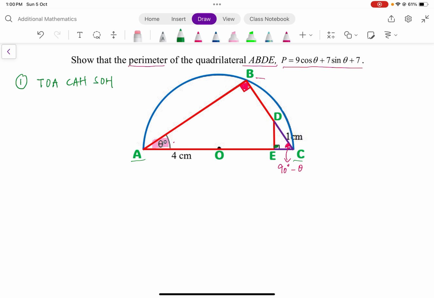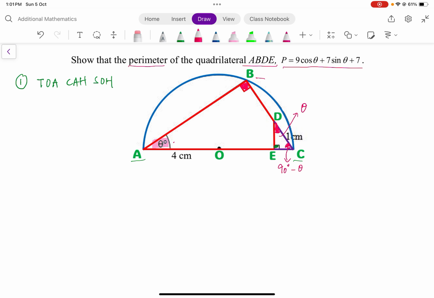So I will be able to identify this angle D here, this angle D is equal to theta. So we know that based on the two right angle triangles, I know where the theta are, then we can actually proceed to prove for the perimeter.